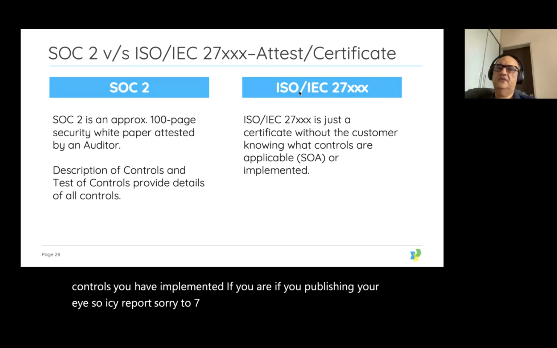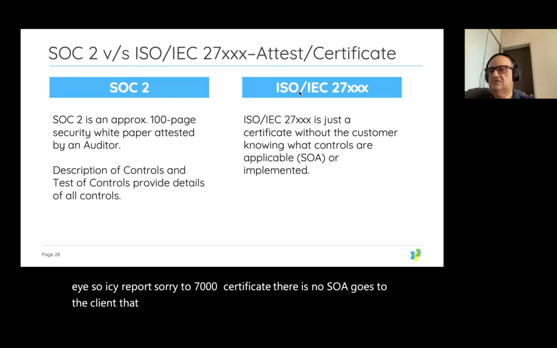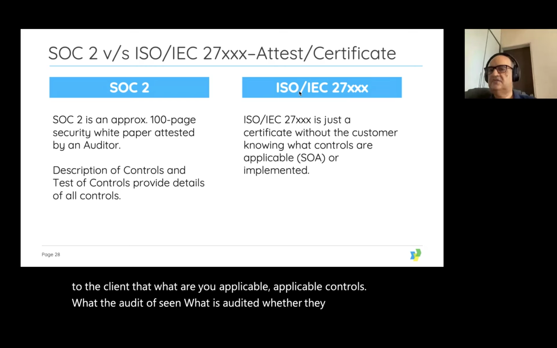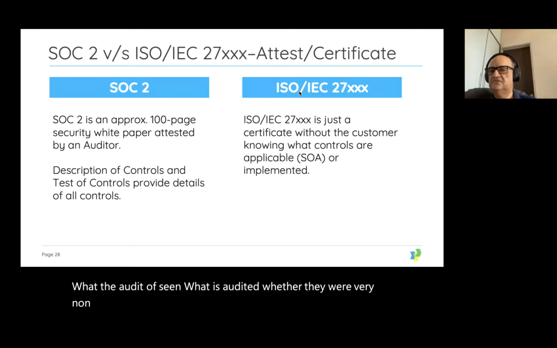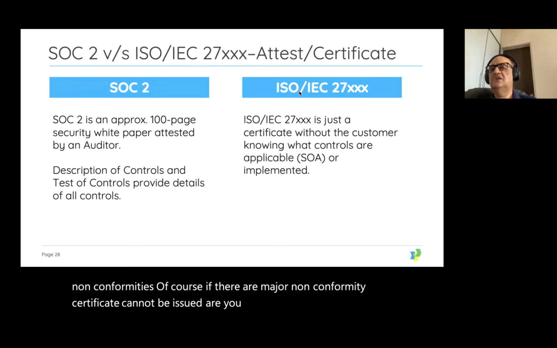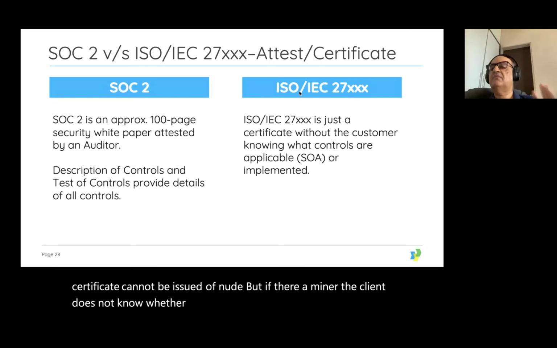With an ISO 27001 certificate, there's no SOA that goes to the client showing your applicable controls, what the auditor has seen, what he has audited, and whether there were any non-conformities. Of course, if there are major non-conformities, the certificate cannot be issued or renewed. But if there are minor ones, the client does not know whether it's 10 or 50 minor non-conformities.